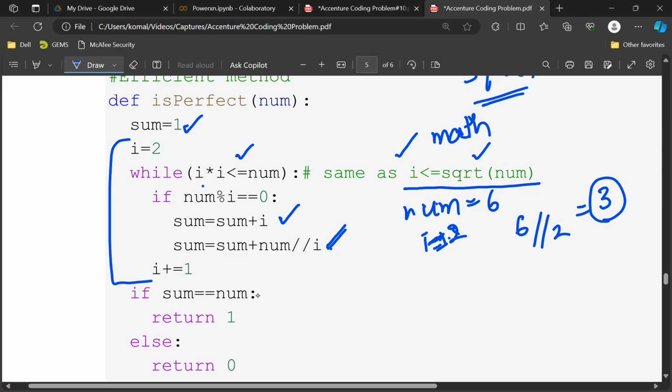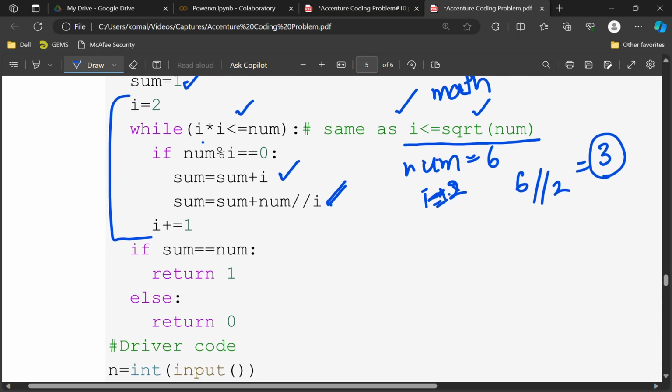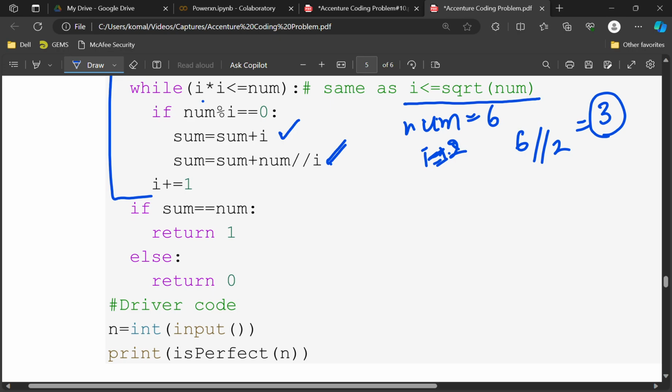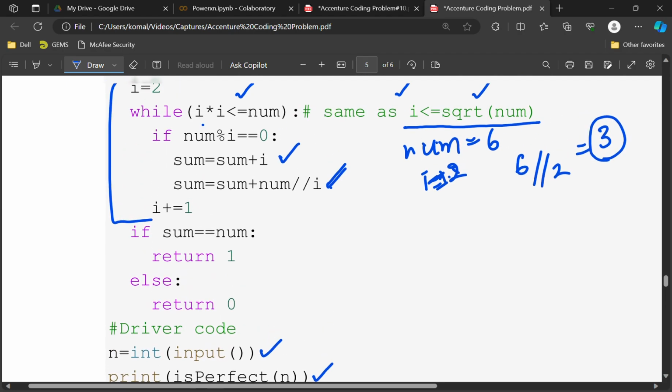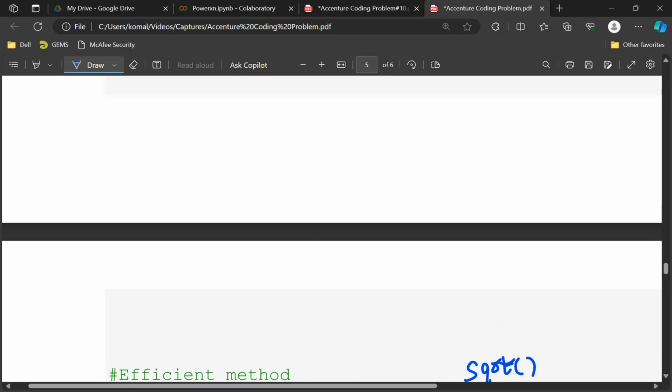For that reason we are considering this additional step. Then the remaining logic is the same as for the prime number. i plus equal to 1. If sum equal to num, return 1, else return 0. Then in the driver code we read the input and print the result of this function. That's all. I hope you understood this.